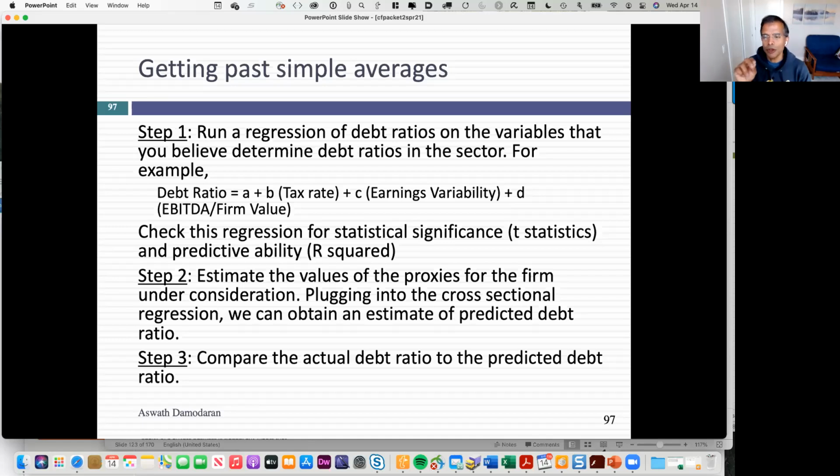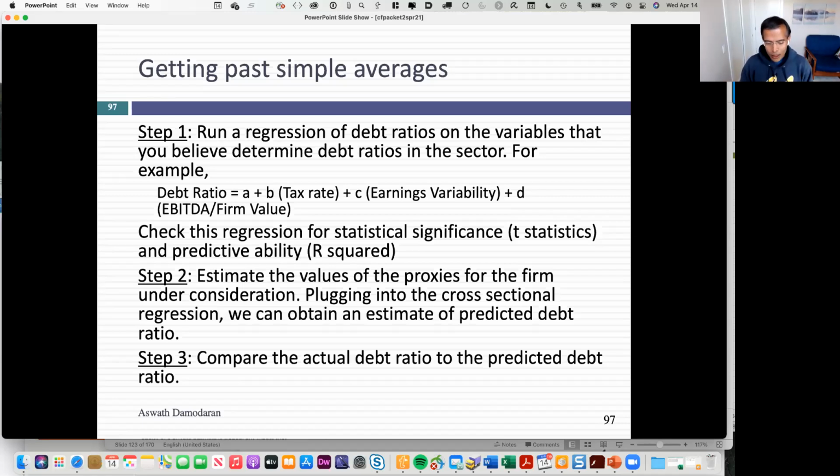And then I'm going to plug in your company's lower tax rate and higher standard deviation, and I'm going to come up with a predicted debt ratio. Remember, this predicted debt ratio has all your stories already embedded in it, right? Your low tax rate, the high risk. And let's say your predicted debt ratio is still much higher than the actual debt ratio. I've taken away your excuse, right? Because I've controlled for the fact that you have lower tax rates and more risk, and you're still borrowing too little money.